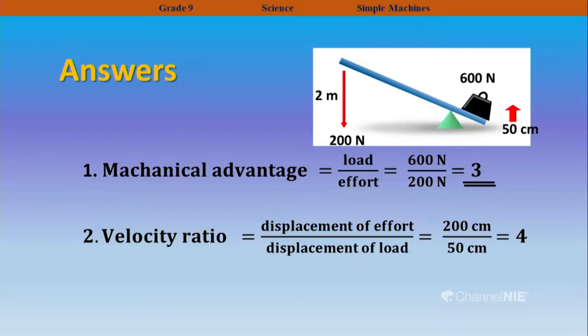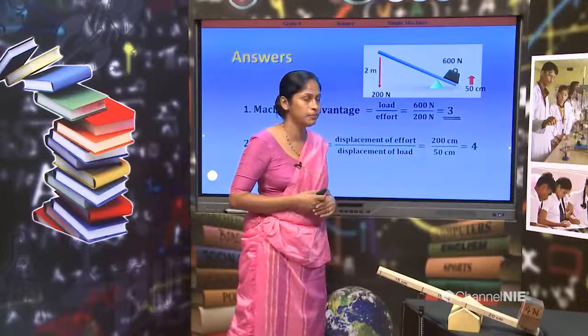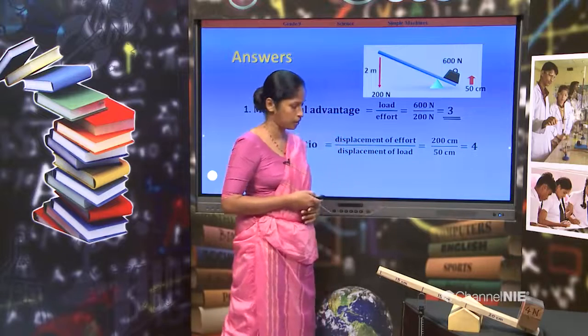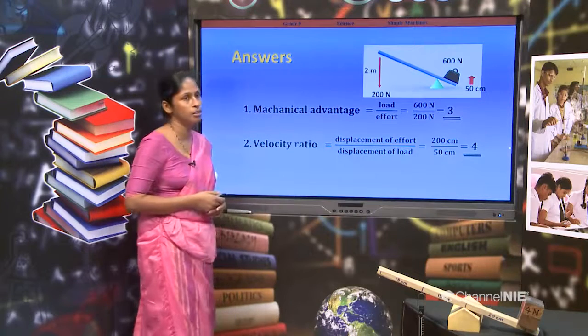Children, you also can use this kind of small trick when you are doing your calculations. 200 divided by 50, that is 4. Velocity ratio is 4.